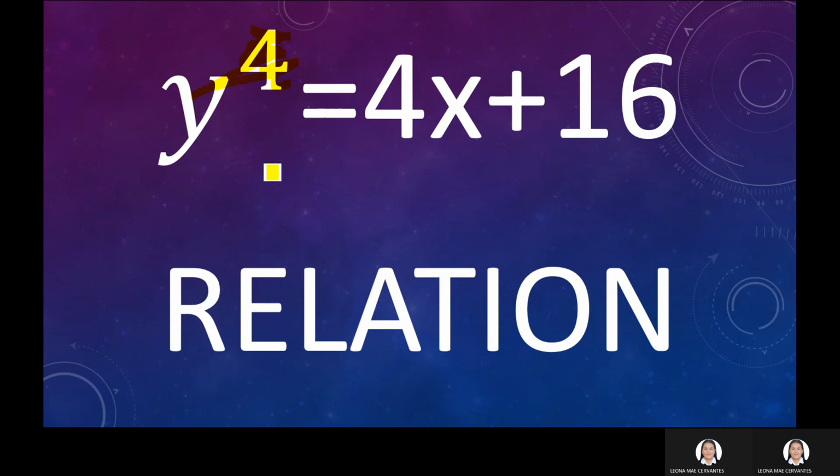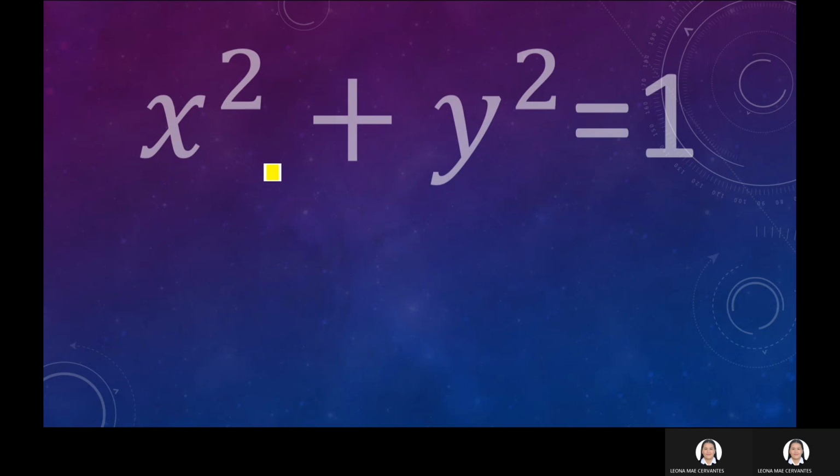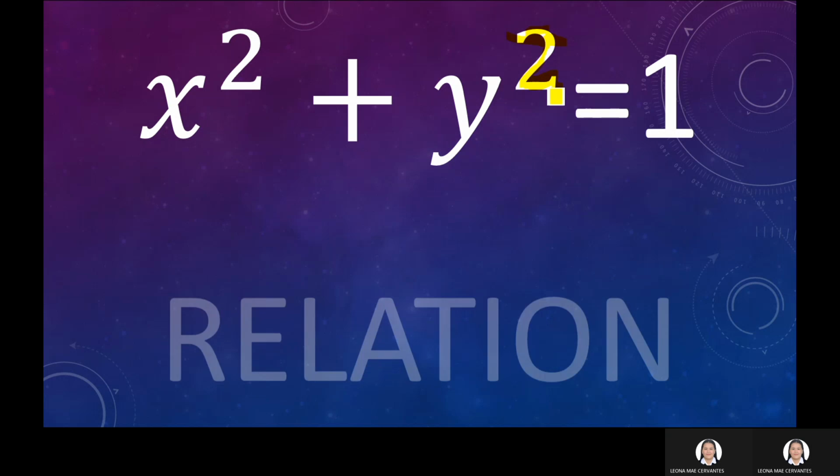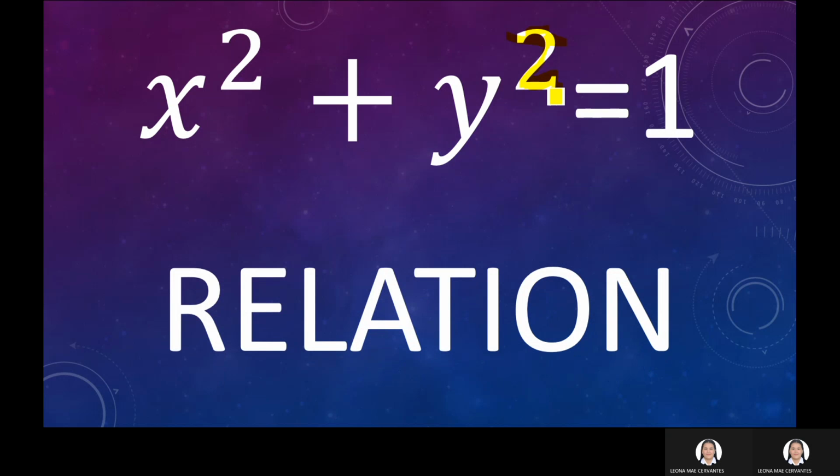So y raised to 4 equals 4x plus 16 is an example of relation. Next, so we have x squared plus y squared equals 1. The exponent of y is 2, which is an even number. So x squared plus y squared equals 1 is an example of relation.